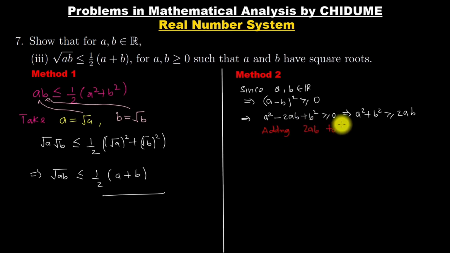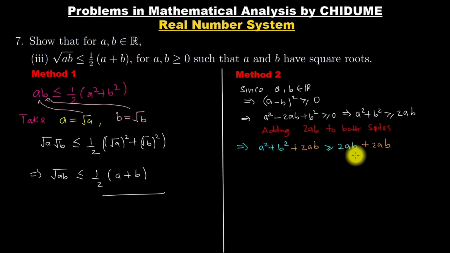So if I add 2ab to both sides, what will I have? I'm going to have a squared plus b squared plus 2ab greater or equal to 2ab plus 2ab.